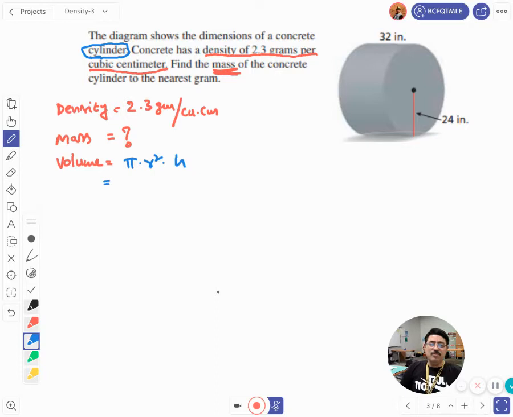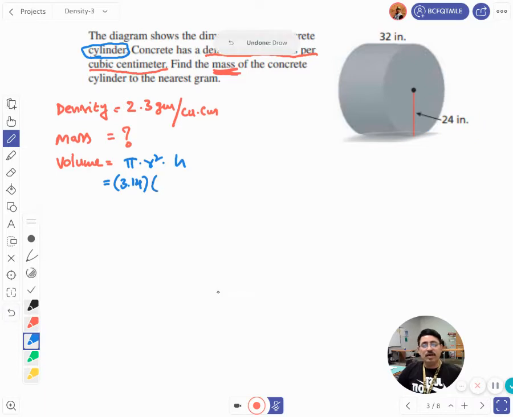Now let me plug in the values. In my previous sessions, I said to leave pi as it is, but in this question, you have to take the value of pi as 3.14. And what is the radius? You see that it is 24 inches.